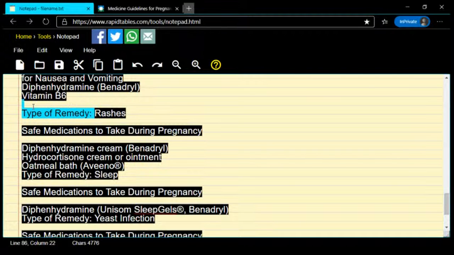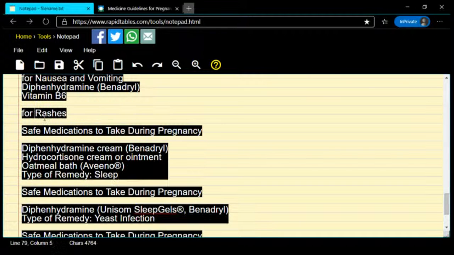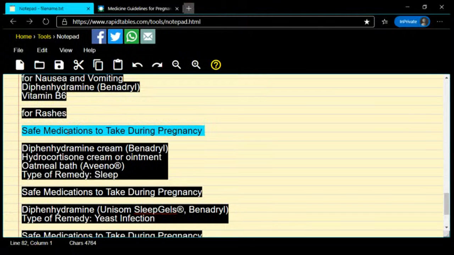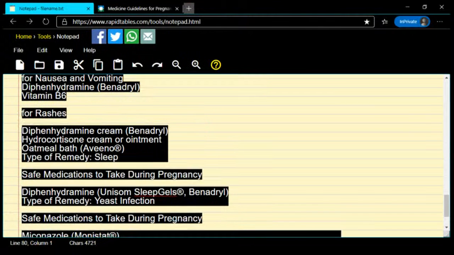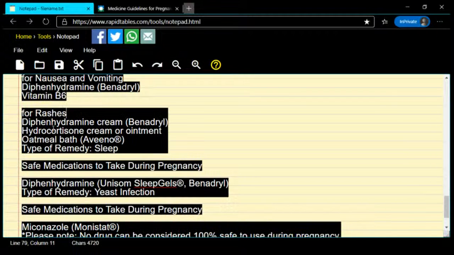For rashes, safe medication during pregnancy, we have diphenhydramine cream, Benadryl.